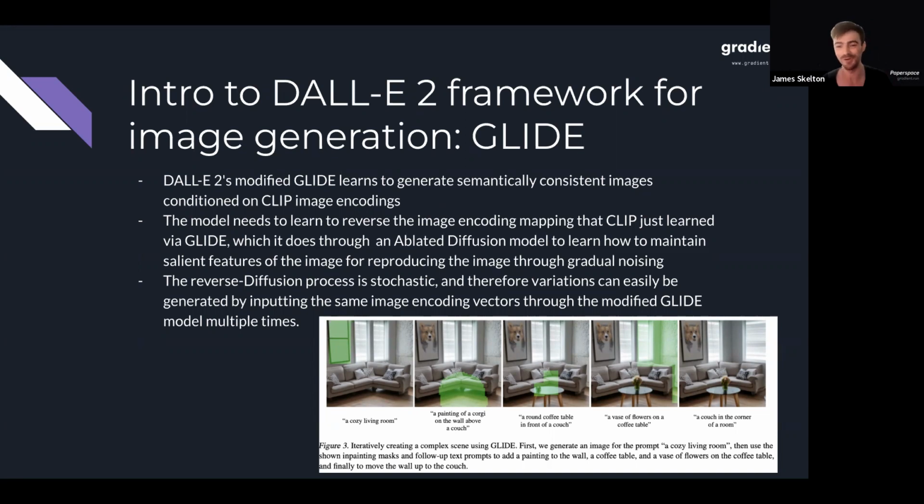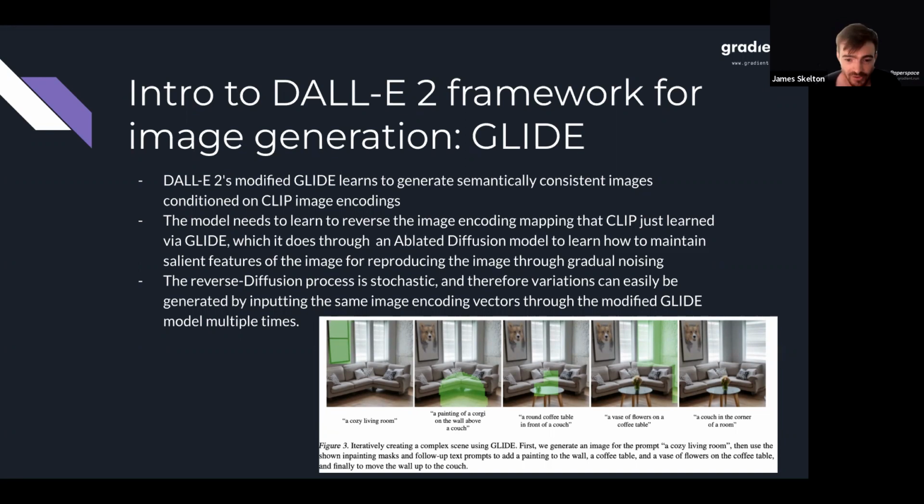It is completely noised, and then through diffusion it works backwards to recreate the salient features that were in the image and also in the image encodings. So we start with a very noisy image and we end with something that approximates the input.